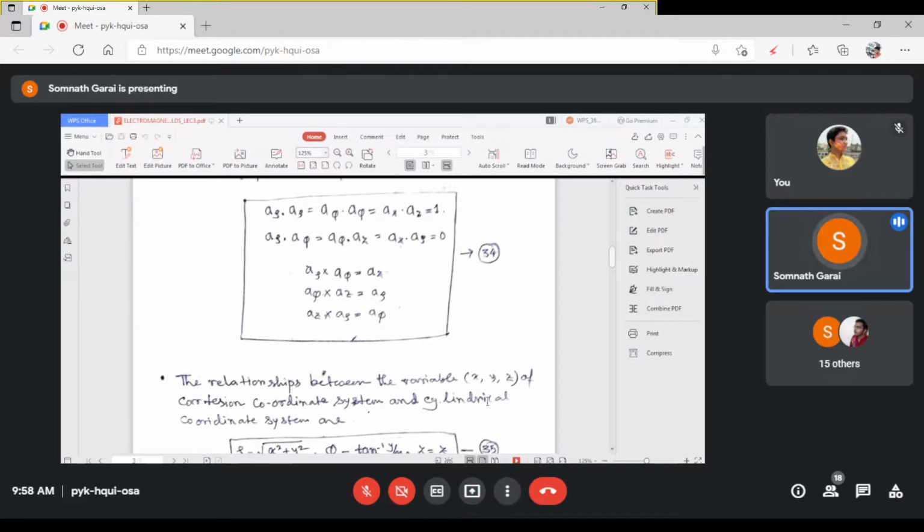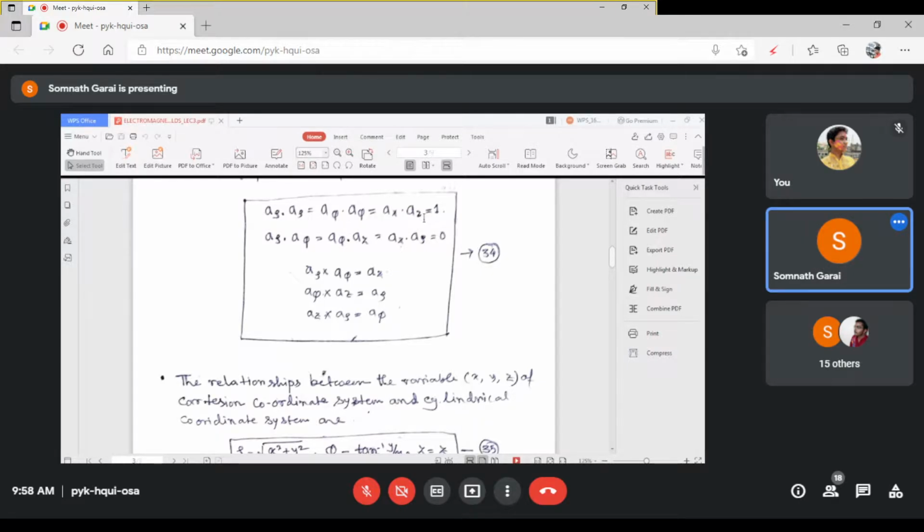If a rho, a phi, and az are the three different unit vectors, then a rho dot a rho is equal to 1, a phi dot a phi is equal to 1, and az dot az is equal to 1.